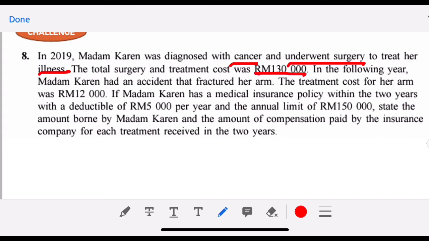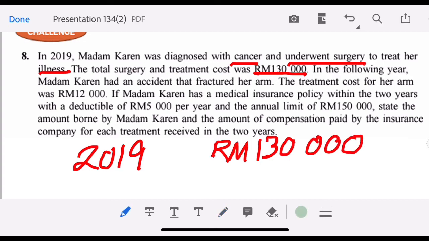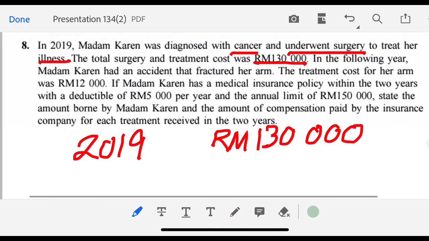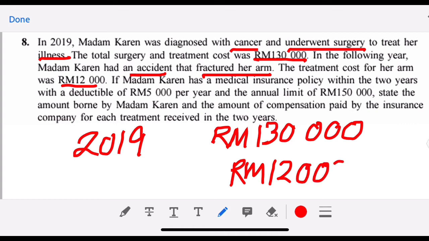In the following year, Madam Karen had an accident that fractured her arm. The treatment cost for her arm was 12,000. This one happened in 2020.